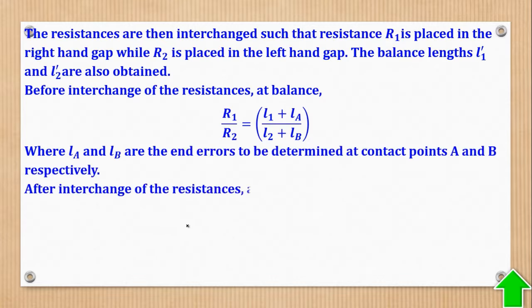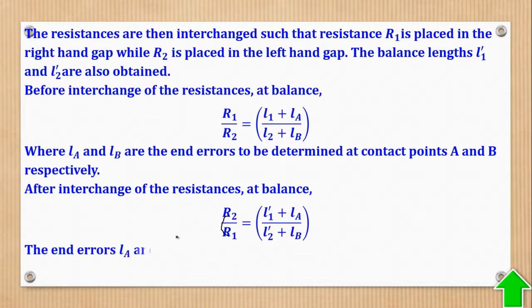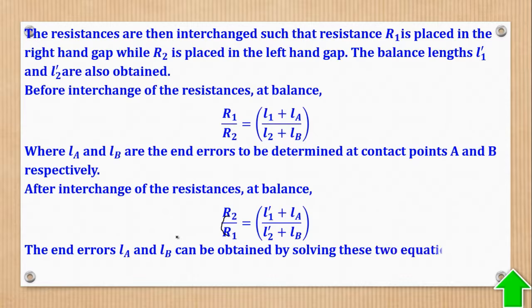Therefore, after interchanging, we follow the same procedure: R2 over R1 is equal to L1 prime plus LA over L2 prime plus LB. So now we have two equations and two unknowns, meaning we can solve them simultaneously. Basically, that is how we get the end errors.